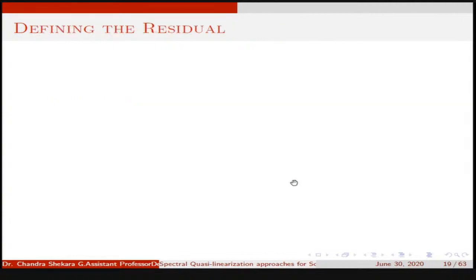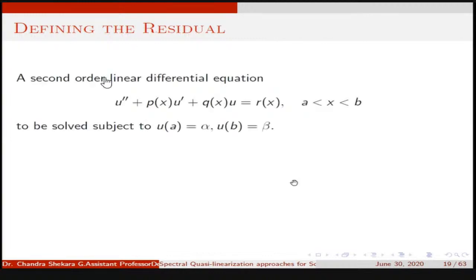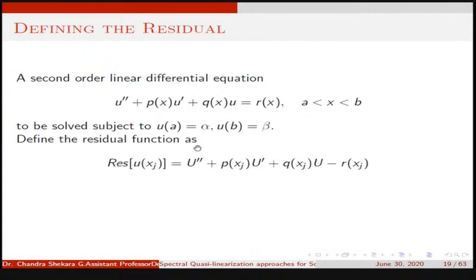The next step in this collocation method is defining a residual. The residual of the linear differential equation we considered is defined as follows. We just take the right-hand side r(x) to the left-hand side and substitute the approximated solution capital U in place of small u. The values we get after replacing small u by capital U are called residuals.